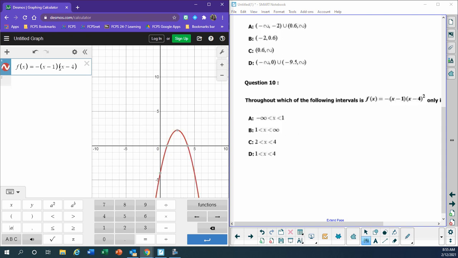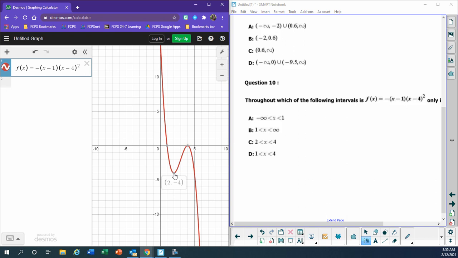You can see that it has multiplicity of 2, right? So increasing is what the question is talking about, right? So if you look at this graph, it's going down, down, down, down until it gets here. Increase and then down. So the increasing is between 2 and 4. That's the only place it's going up. The rest is going down, up, down.